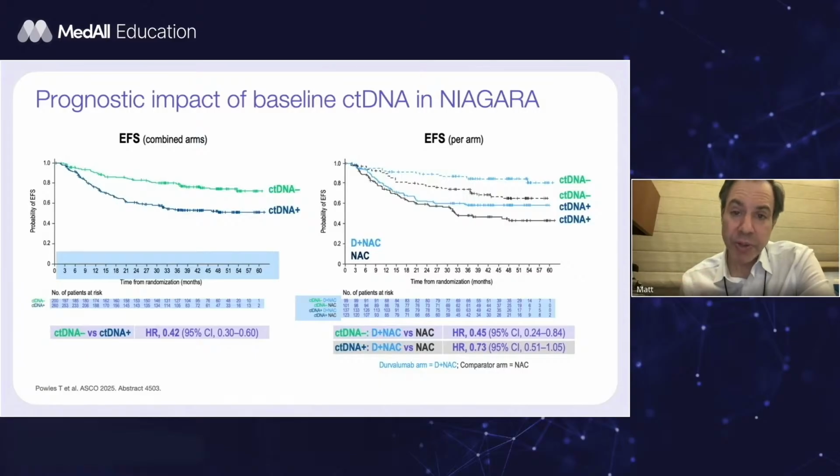Now, arguably, this did not include an arm where patients had cystectomy alone, so this does not prove that patients with undetectable ctDNA at baseline benefit from neoadjuvant treatment, but it does tell you that in a study where all patients got neoadjuvant treatment, the risk for recurrence is not insignificant in patients with an undetectable ctDNA assay.